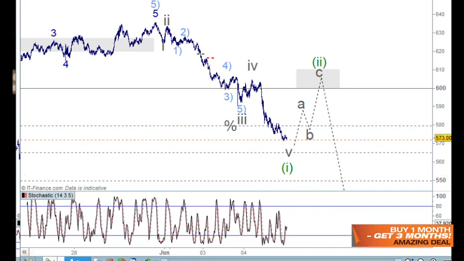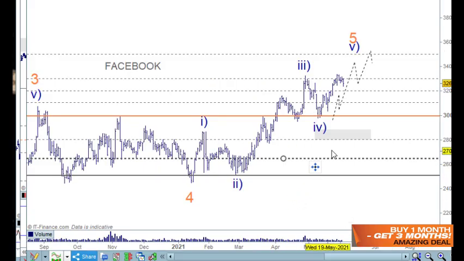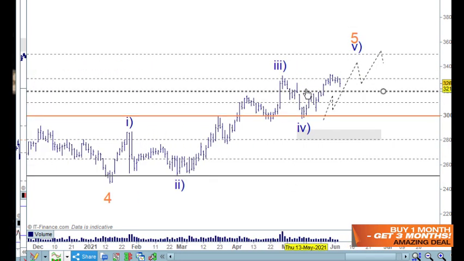Okay, so let's move on with Facebook here from wave 4 to wave 5. We're looking for 5 waves within this sequence here, and we can kind of see that we've got wave 1 and 2 here, and it looks like we're going in for 3, 4, and 5 to the upside. So yeah, we need to bring that back down here a little bit. This one is wave 4, and then looking for wave 5 to the upside.